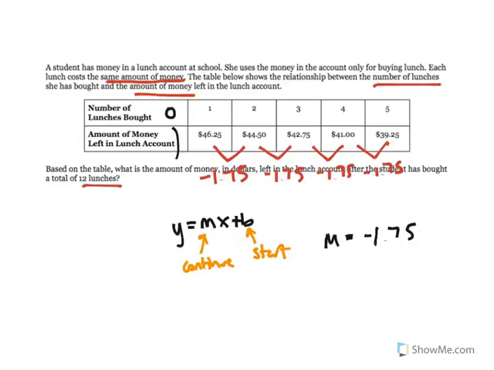How much money was in her account before she bought any lunches? When she had 0 lunches bought. So we need to find what number minus $1.75 gives us $46.25. So we just solve for x.